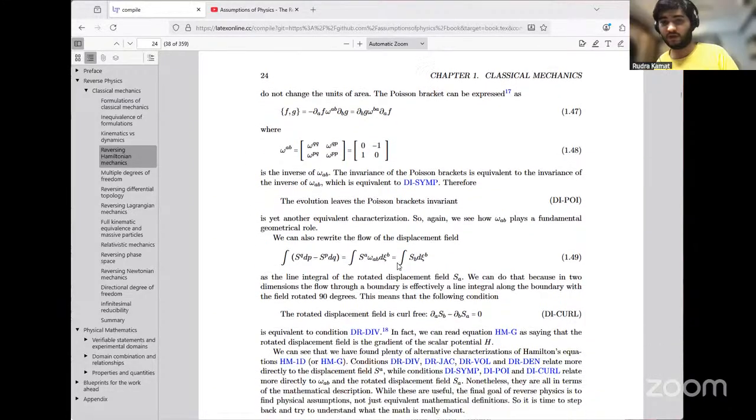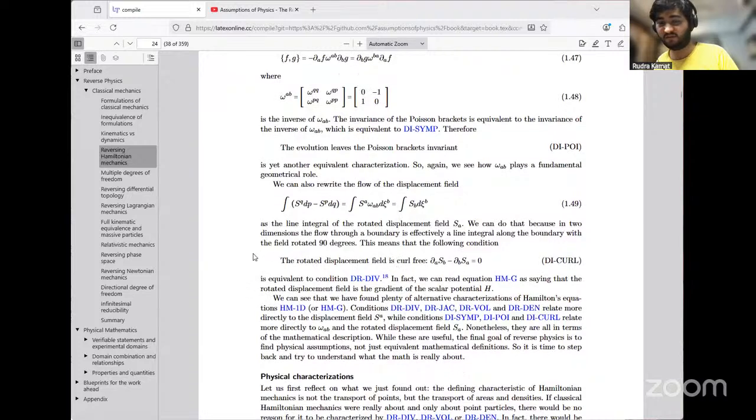We can also rewrite the flow of the displacement field, equation 1.49, as the line integral of the rotated displacement field S A. We can do that because in 2 dimensions, the flow through a boundary is effectively a line integral along the boundary with the field rotated 90 degrees.